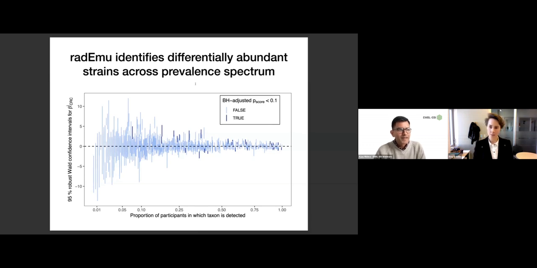Thank you. How do you think of this method as different than other computational statistics methods such as ALDEx? Yeah, great question. There are a lot of differential abundance tools out there. I have a few different thoughts in general, and then I'll speak specifically about ALDEx2 and other compositional data analysis methods.